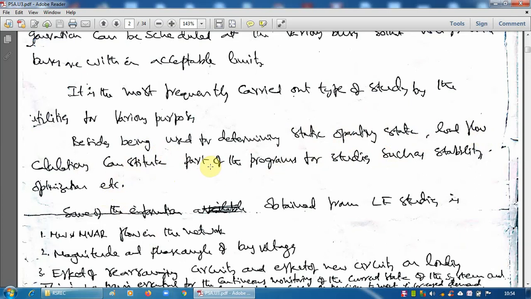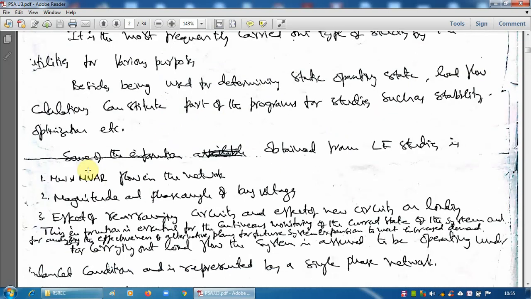That means these are the prerequisites for other types of studies such as stability studies, optimization, etc. So these are used to find out the steady operating condition, the steady state solution, and also used for other studies. In this way we can say that load flow studies are the most frequently carried out type of studies. That is the reason why they are important.